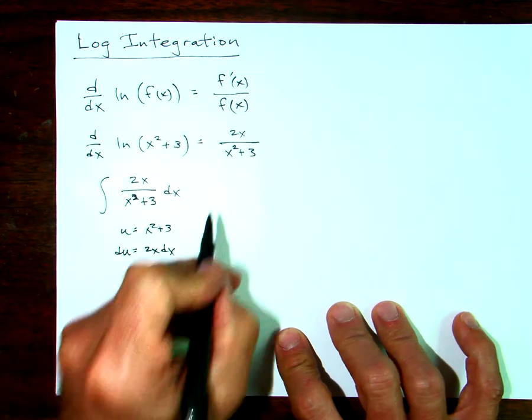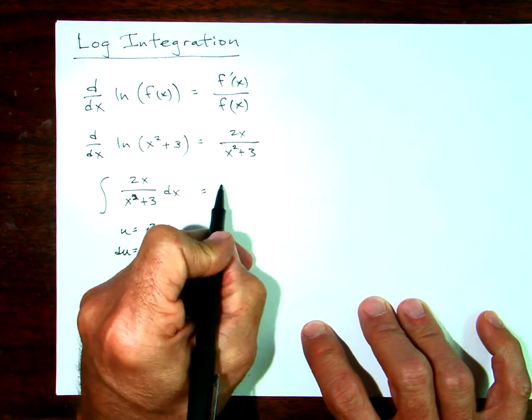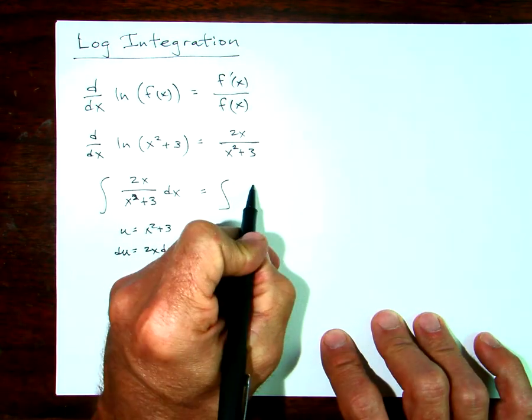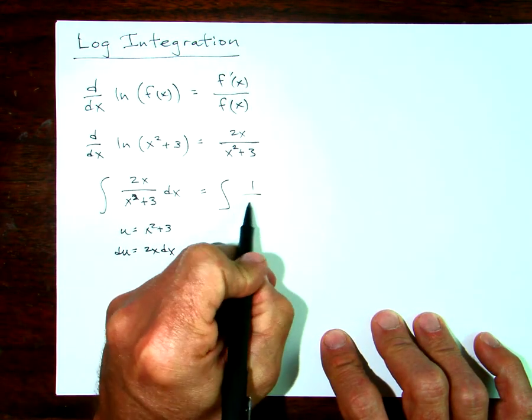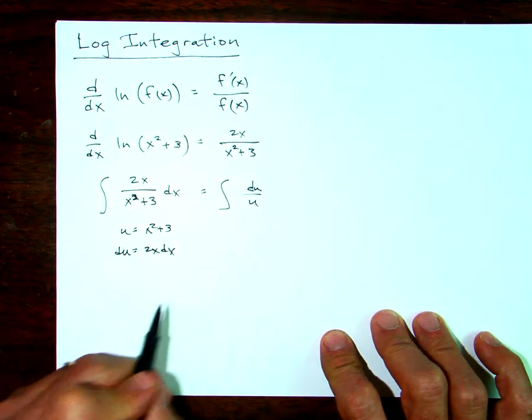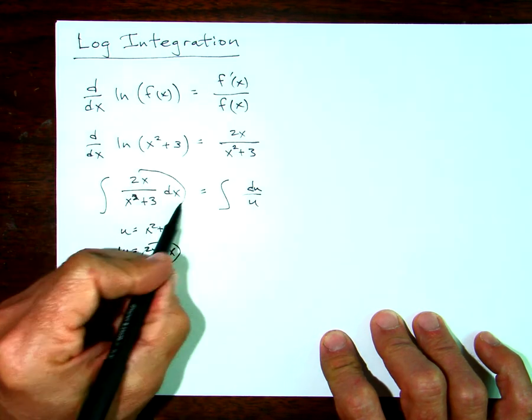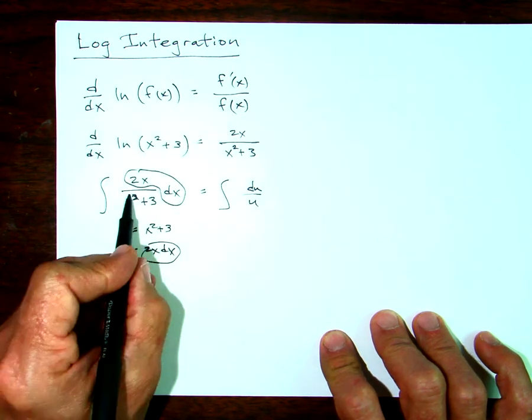And so with straightforward U substitution, I would end up with the integral of 1 over u, technically du over u, or 1 over u du. Du is 2x dx, which I have right here, and u is x squared plus 3, so I have this.